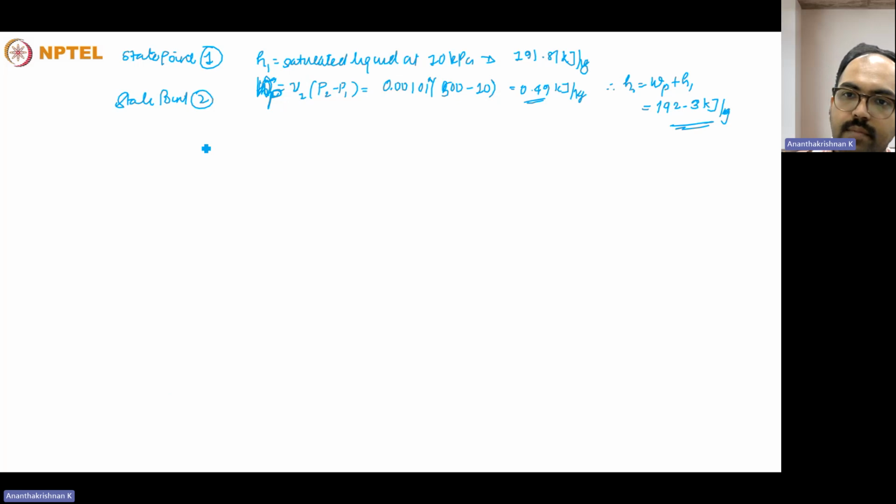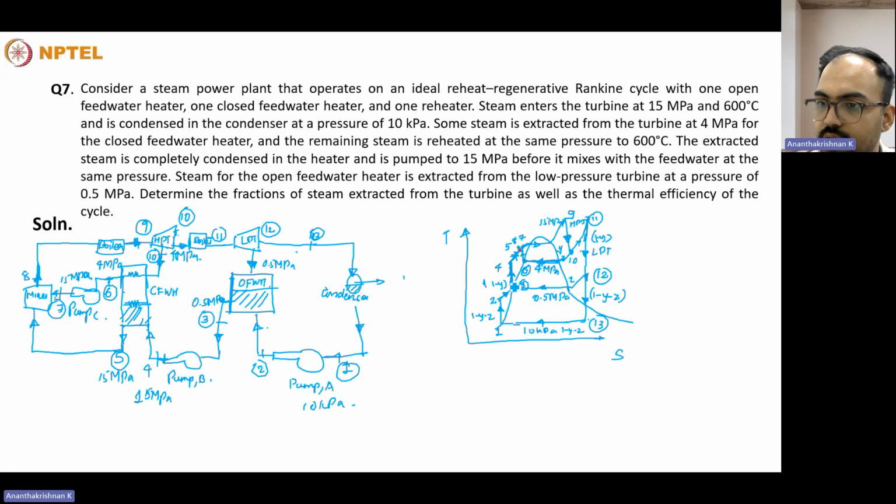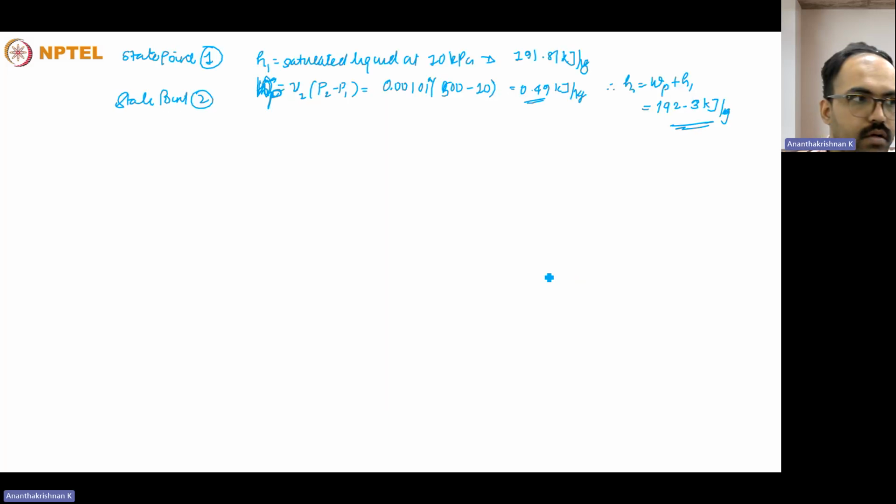Now we move to the state point 3. State point 3 is the mixing enthalpy in the open feed water heater of state points 2 and 12. So basically state point 3 is the saturated liquid at 0.5 megapascal.